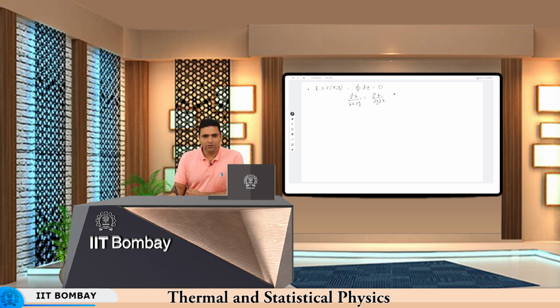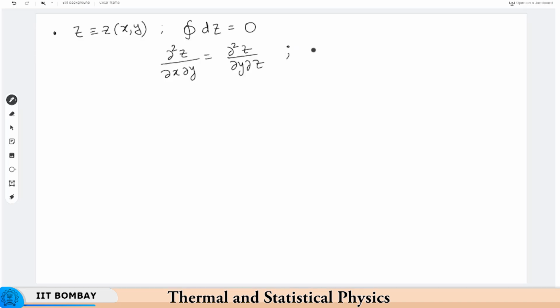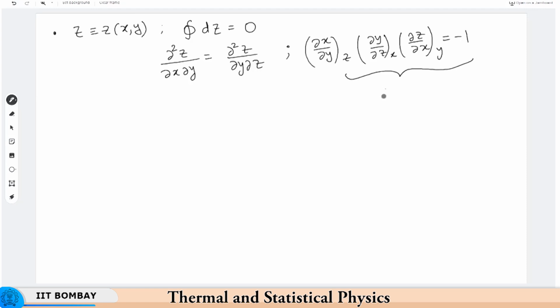And we also derived some very useful theorems. One of them was the reciprocity theorem, which goes as follows. For such a function, we can write del x by del y at constant z times del y by del z at constant x times del z by del x at constant y equals minus 1, and this is known as the reciprocity theorem.